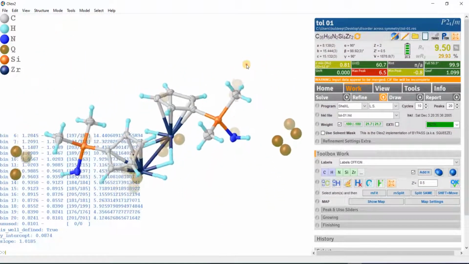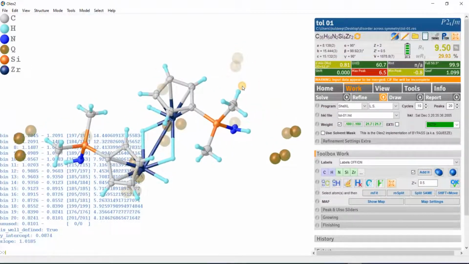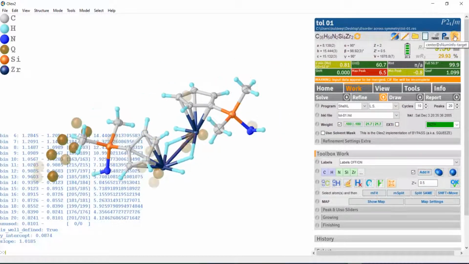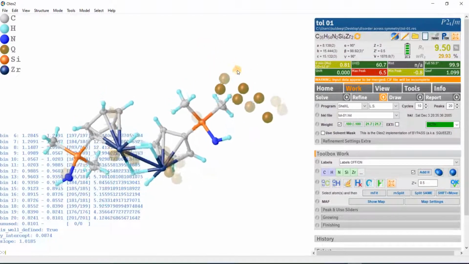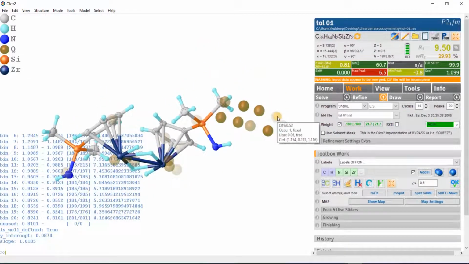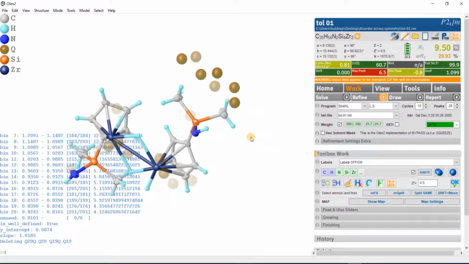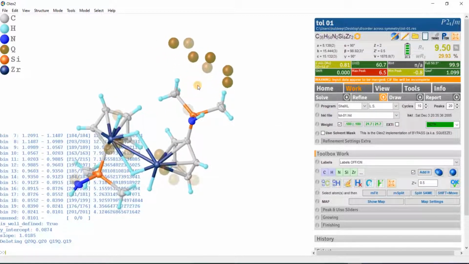From the crystallization point of view, we are expecting toluene in the crystal lattice. For this, I am going to press this button first, compact, and I am getting some electron density like this. Here these two electron densities are very low, only half an electron, so I am going to delete them. The remaining electron density is forming some strange type of molecule in the lattice.